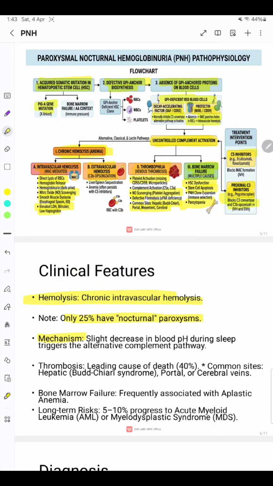The mechanism behind the nocturnal hemoglobinuria is that in the night the pH is slightly decreased, and this will result in activation of the complement system, and so there will be hemolysis.